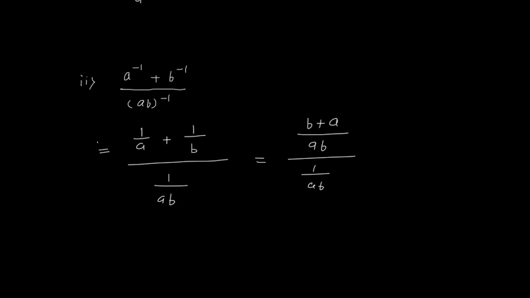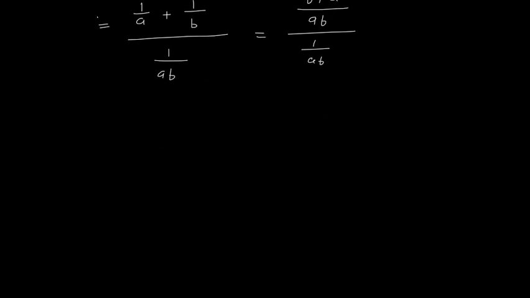So you can write this as b plus a upon ab into, now this denominator 1 upon ab, we will multiply by its reciprocal, that is ab upon 1. So this ab and ab will cancel, and finally we have b plus a. So I will write b plus a or a plus b. So this is the second question.